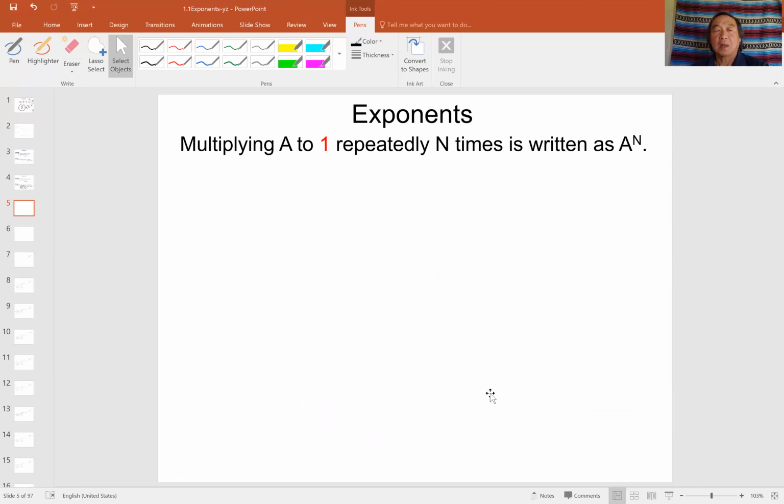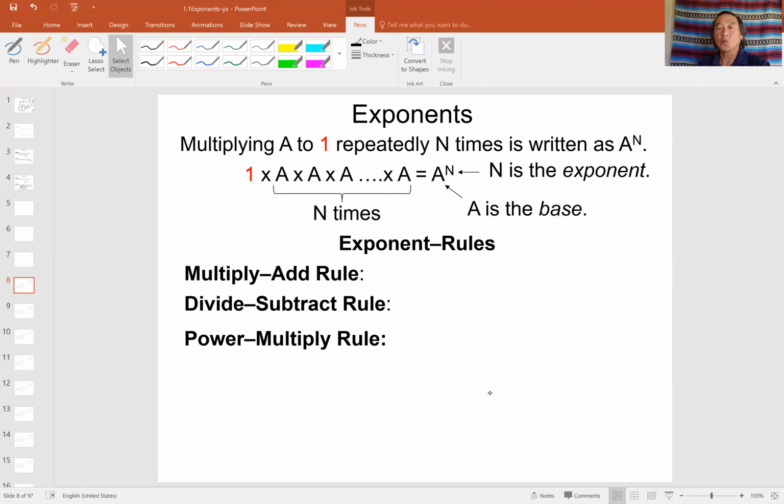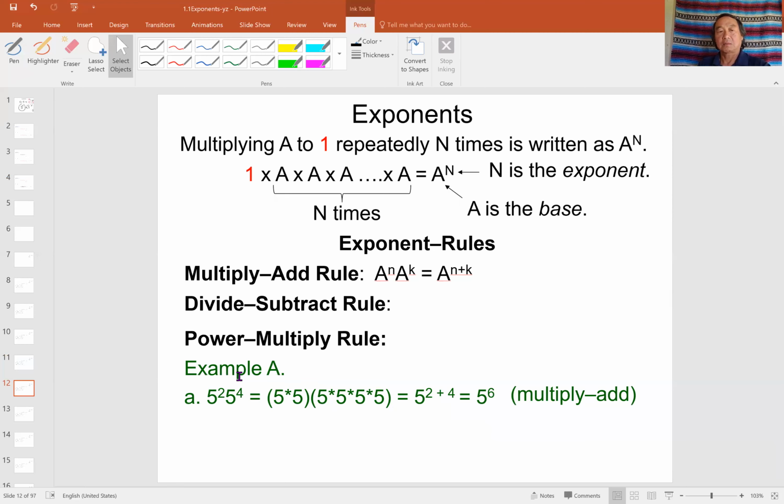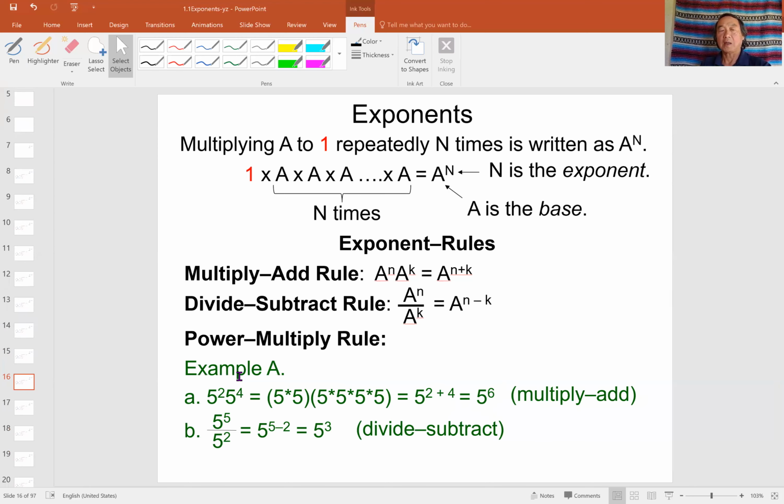Once we have these, this notation is very useful because we have the following rules that allow us to convert operations from multiplication to adding exponents, and dividing is crossing out copies of the exponents. In this case, divide by 2 means cross out 2 copies, and so we only have 3 fives. So we subtract the exponents.